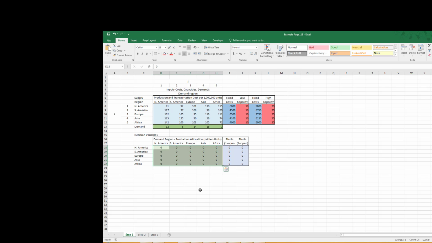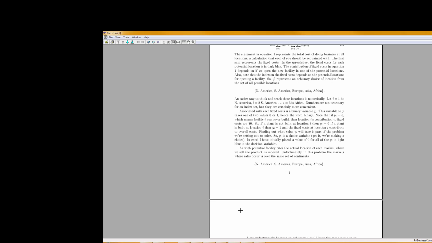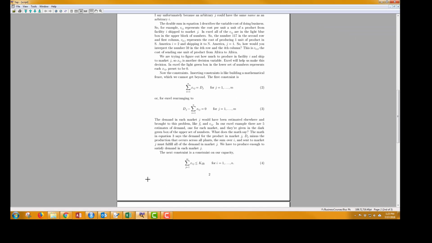Now the constraints. Inserting constraints is like building a mathematical fence, which we cannot go beyond or get out of, depending on if I'm minimizing or maximizing.